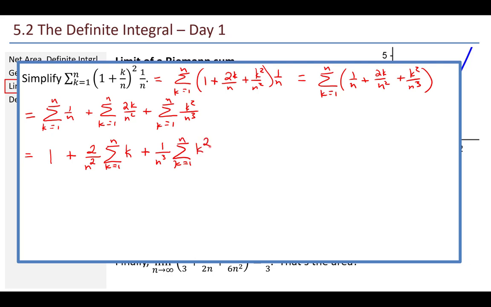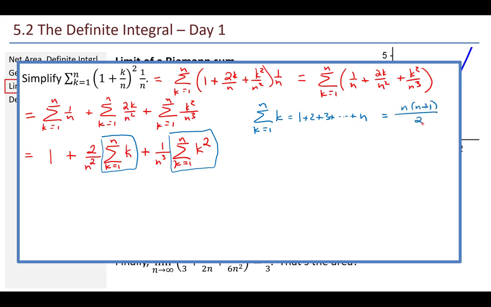This is where I need to introduce some summation identities, because it turns out that these two summations that are simple have nice forms and identities for their values. So it turns out that the summation k equals 1 to n of simply k, well, that's 1 plus 2 plus 3 plus all the way up to n, can be simply expressed as n times n plus 1 all over 2.